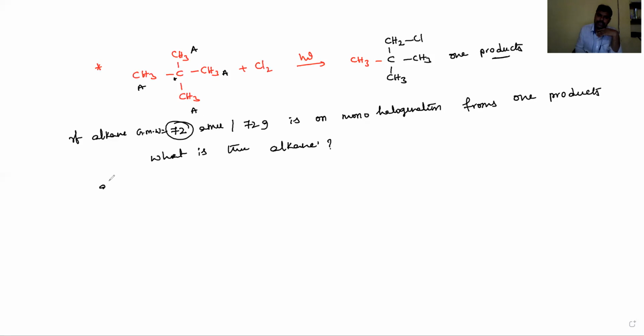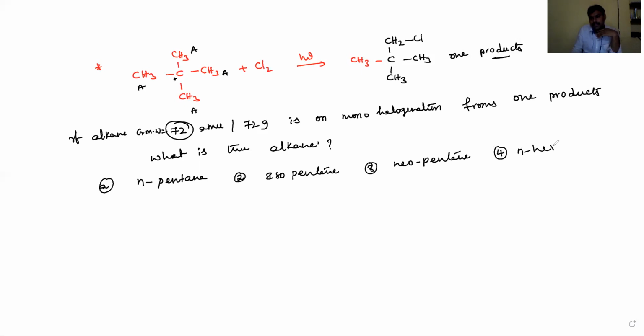In the options, they will give n-pentane, isopentane, neopentane, and the fourth one is n-hexane. The answer is neopentane. Pentane, isopentane and neopentane all have the same molecular formula, as they are chain isomers, and their gram molecular weight is 72.